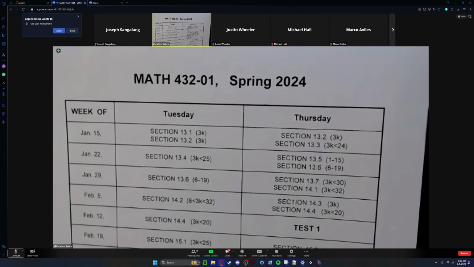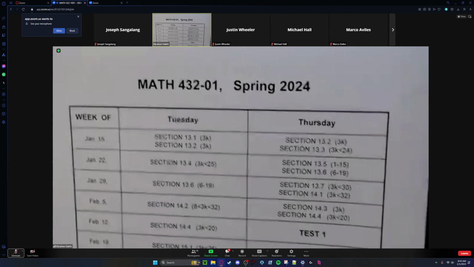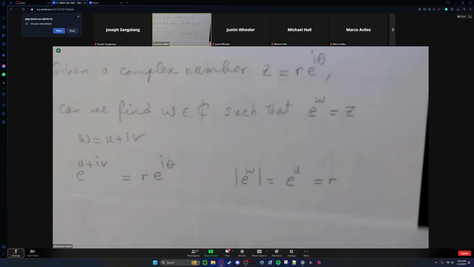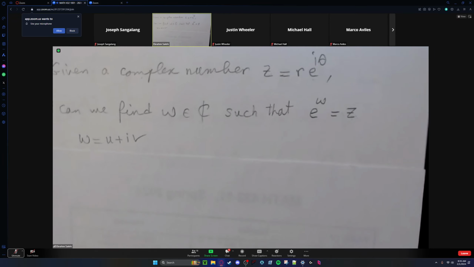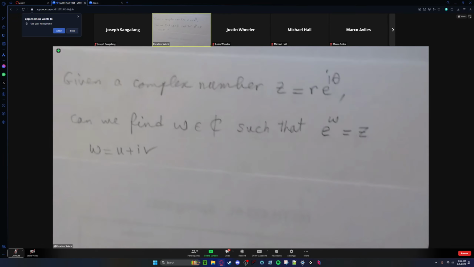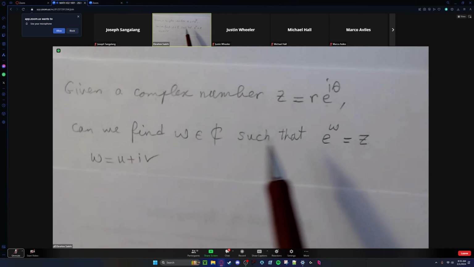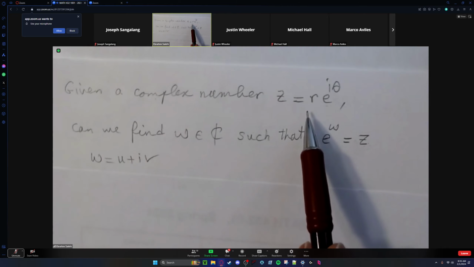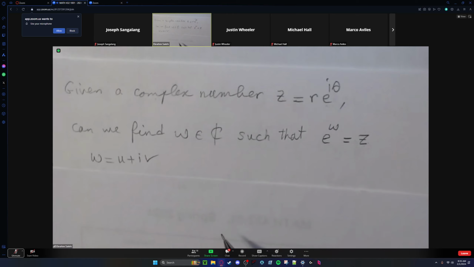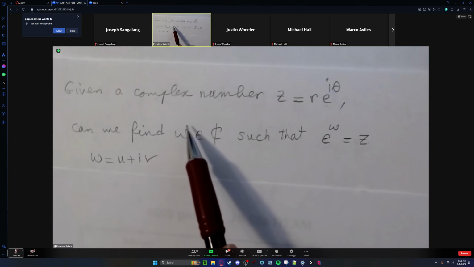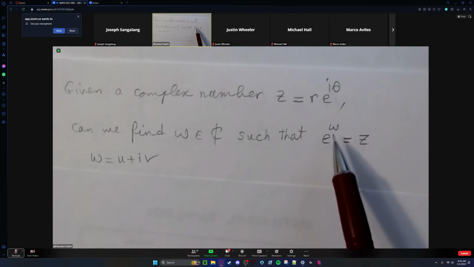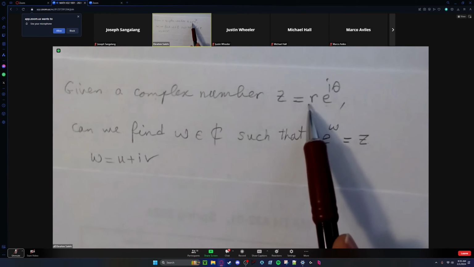Anyways, last time I started by introducing logarithm, and here is how it goes. After learning about the exponential function, now the question is, if we are given a complex number like this, we can write it in polar format. Can we find a w that e to the w be this one?